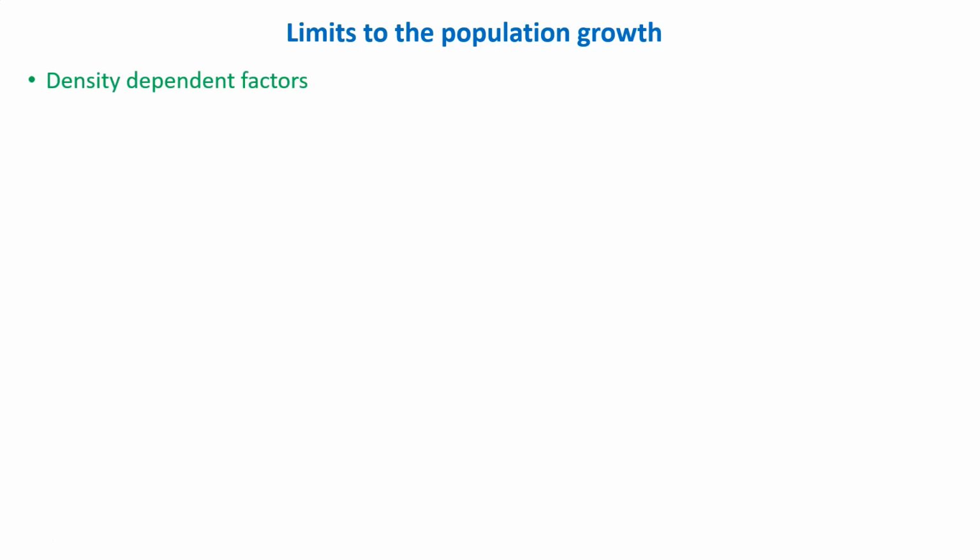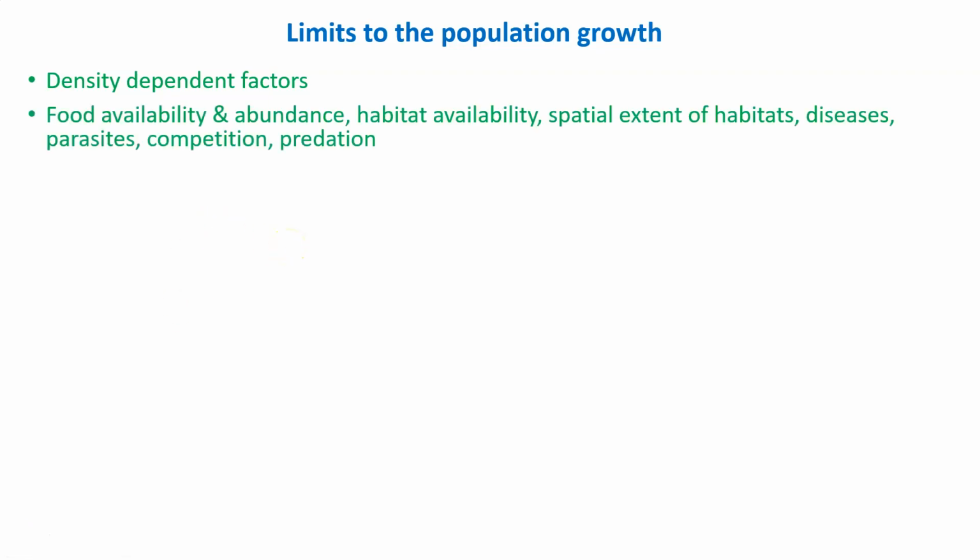Now, the reverse side is density dependent factors. What are density dependent factors? Food availability, abundance of food, distribution of food across the habitat, availability of suitable habitats, the surface area of suitable habitats, diseases, parasites, pathogenic infections, competition between different individuals of the same species, predation risk.